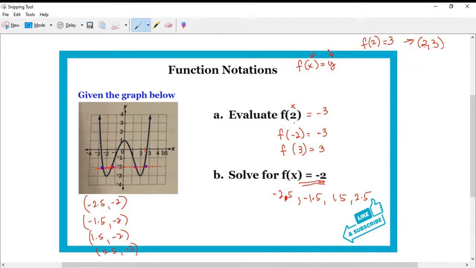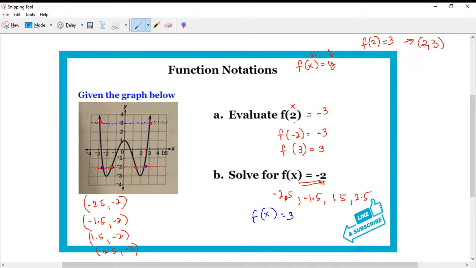Now let's try another example. How about f of x equals 3? That means your y is 3. I'm going to go to my y-axis and draw a horizontal line and find out where I cross the graph. You cross the graph in this point and that point.